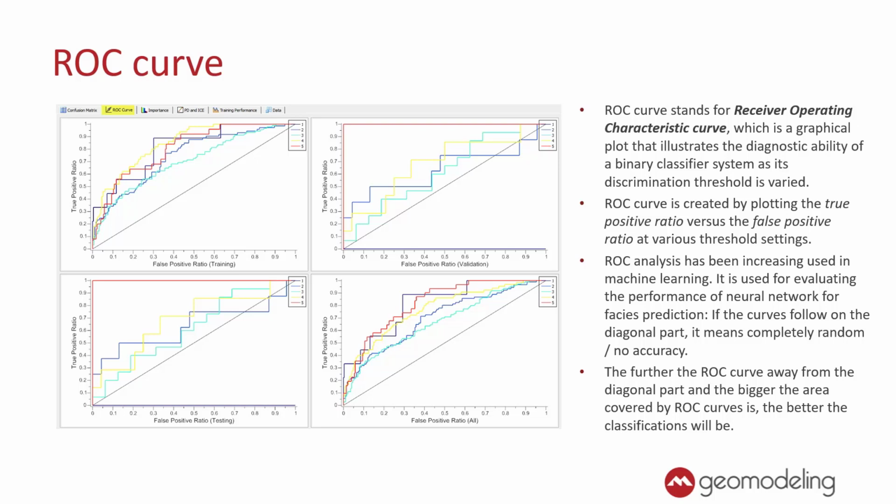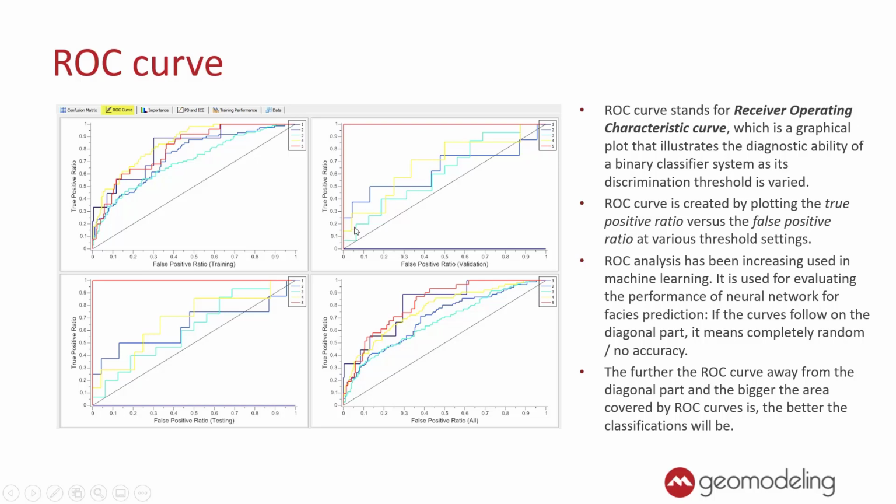The ROC curve is created by plotting the true positive rate versus the false positive rate at various threshold settings. ROC analysis has been increasingly used in machine learning. It is used for evaluating the performance of neural networks for facies prediction.